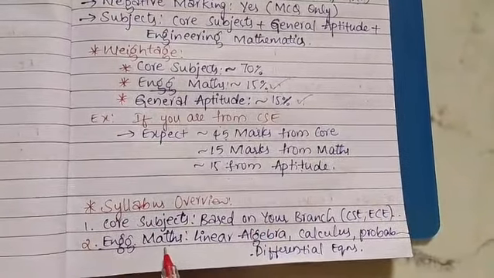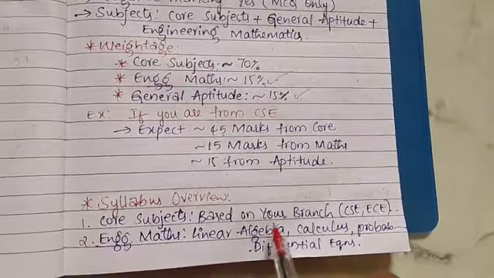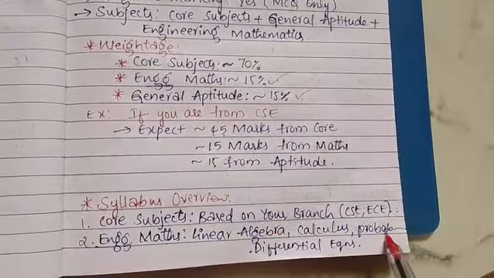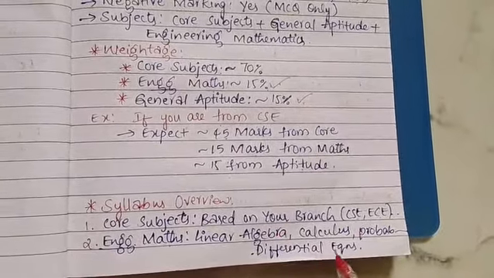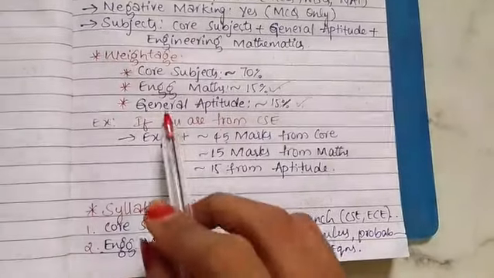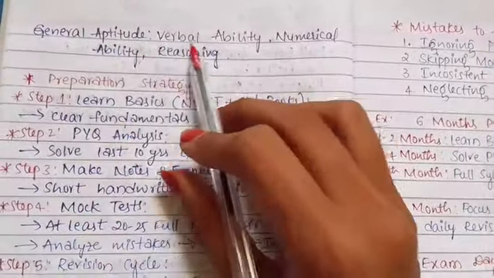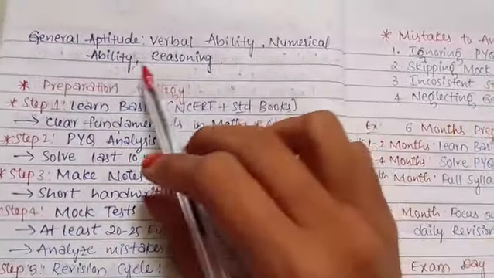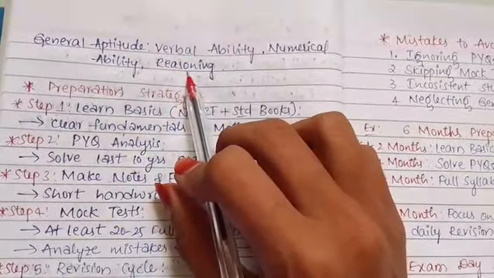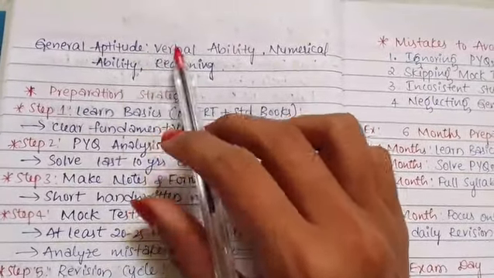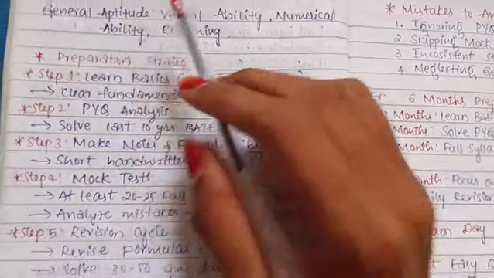In engineering maths, you have to focus on linear algebra, calculus, probability and differential equations. And in general aptitude, we have verbal ability, numerical ability and reasoning. These are the topics covered in general aptitude.